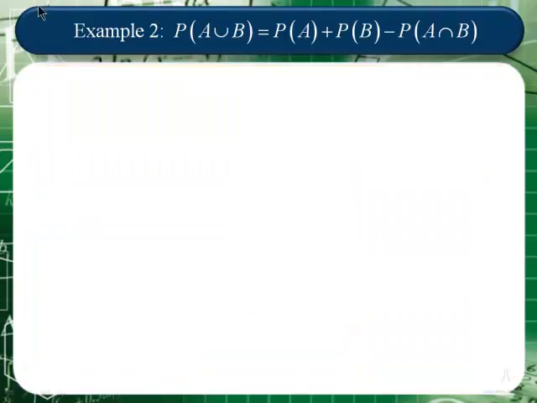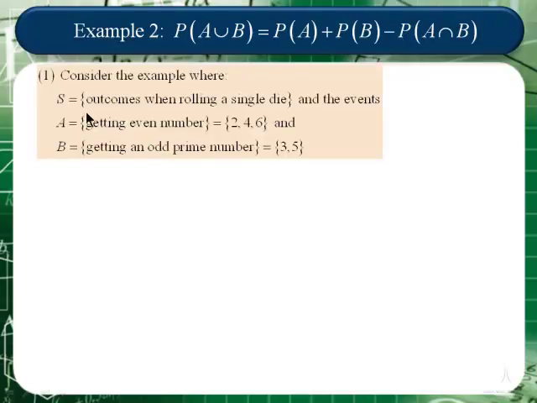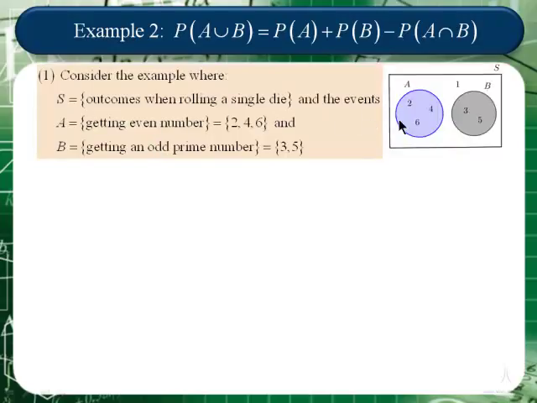Let us consider a second example in which we would try to establish the validity of this particular relationship. We select the example that we had before, where we have two events A and B such that they have absolutely nothing in common. So in other words, their intersection will be the empty set, and we try and prove this.